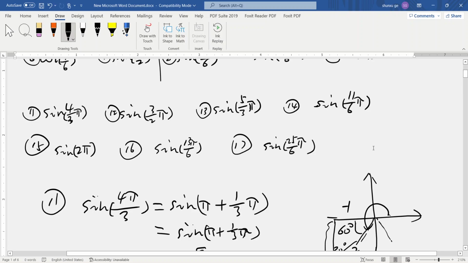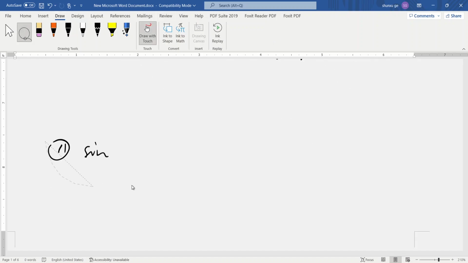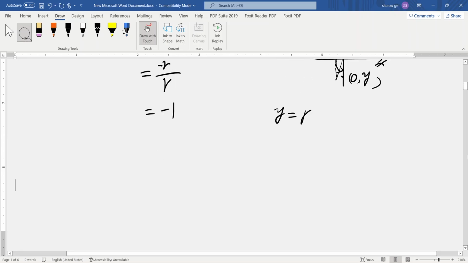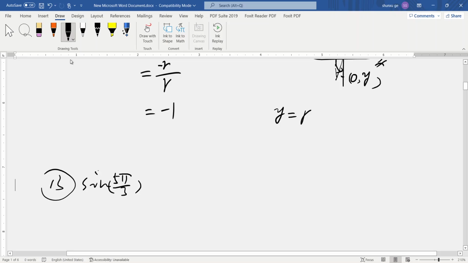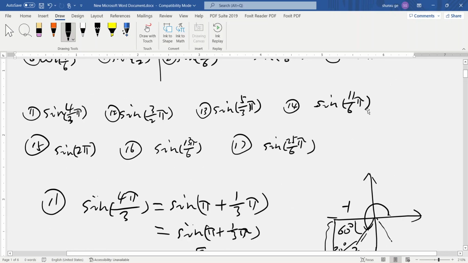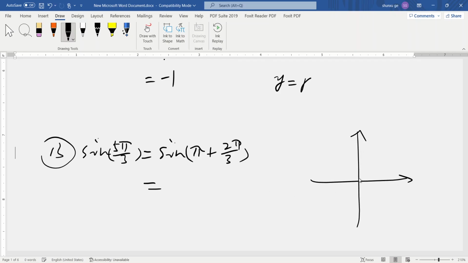Question 13. Sin 5 pi over 3. Then rewrite here, so pi plus 2 over 3 pi. Okay.